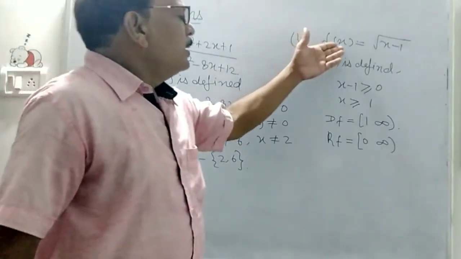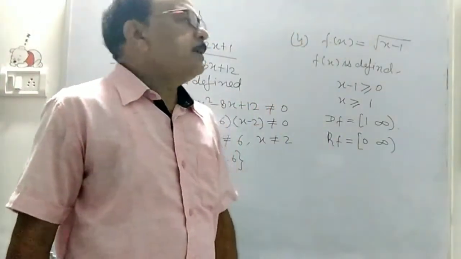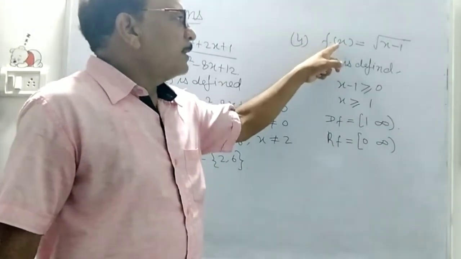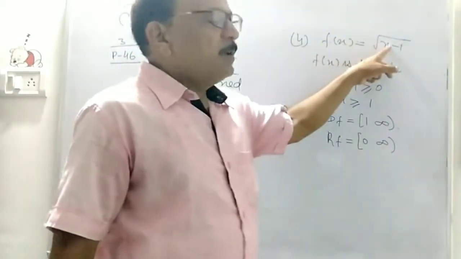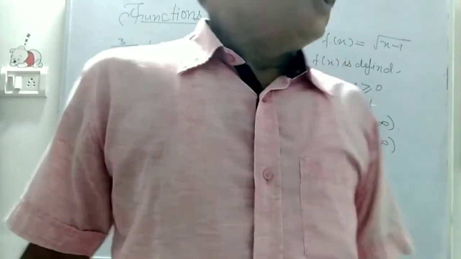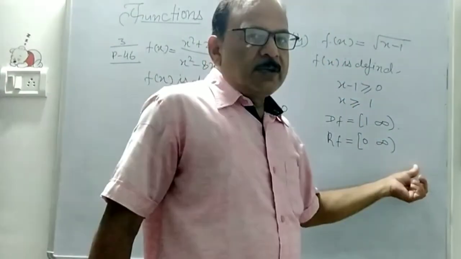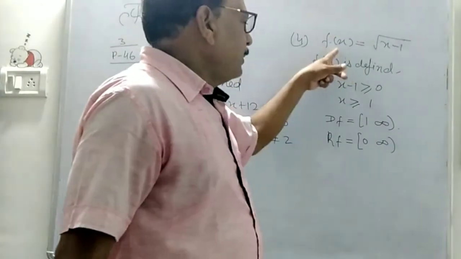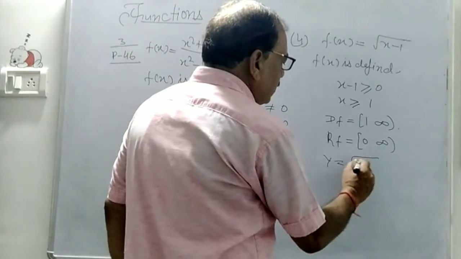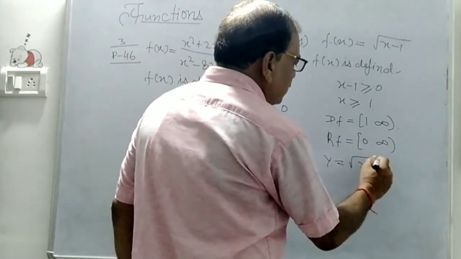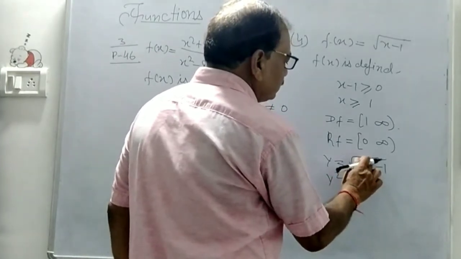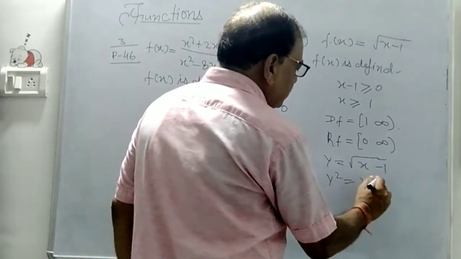एक्सप्लेन कर सकते हैं इसका वैल्यू y लेकर के. If in the place of x you write y, then y square equal to x minus 1. So y square is always positive, so the range is 0 to infinity. Here in place of f(x), if you write y, under root x square minus 1, y square equal to x minus 1.